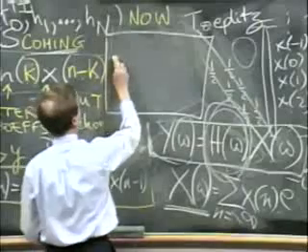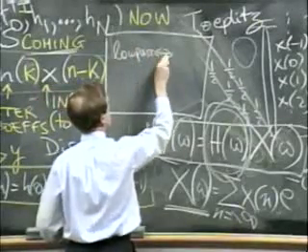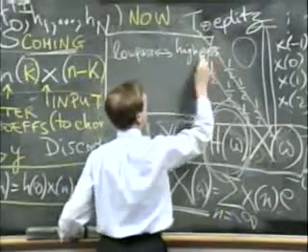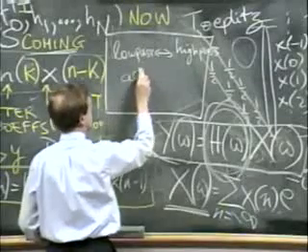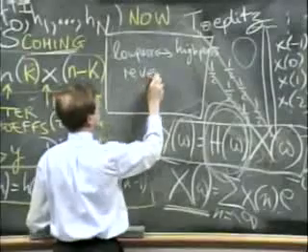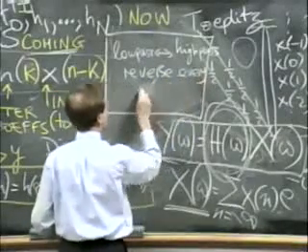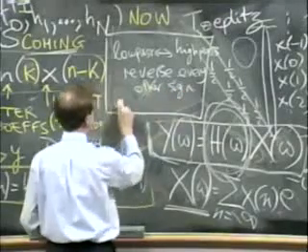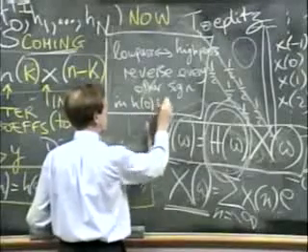Between low pass and high pass, one way, if I have one of them, is to reverse every other sign. I'll say it out in full here: reverse every other sign in the sequence of H's.